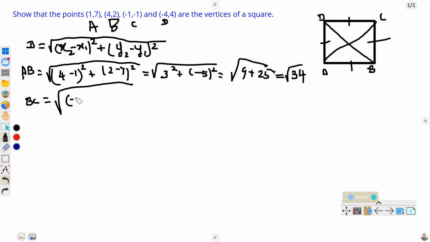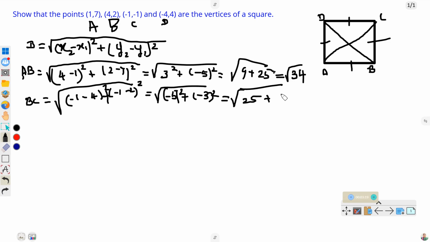Then x2 is minus 1 minus 4 whole square, then y1 is minus 1 minus 2 whole square, square root of minus 5 square plus minus 3 whole square. Then it will be 25 plus 9, the square root of 34.